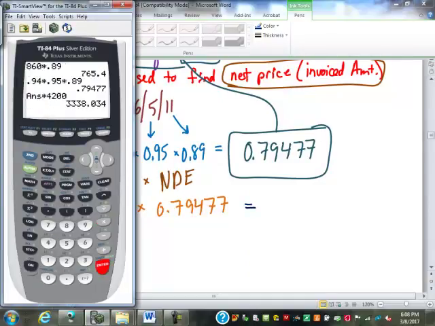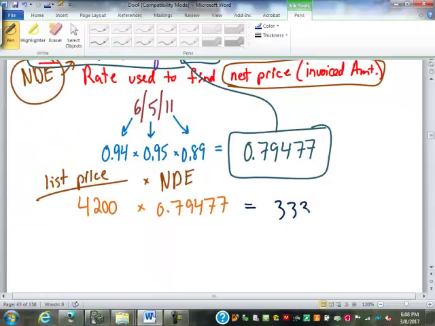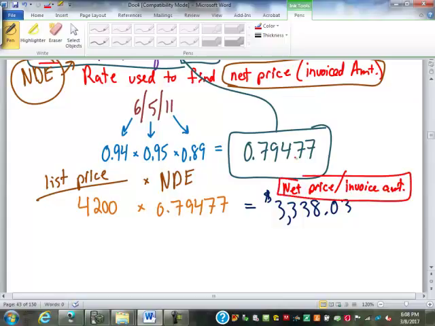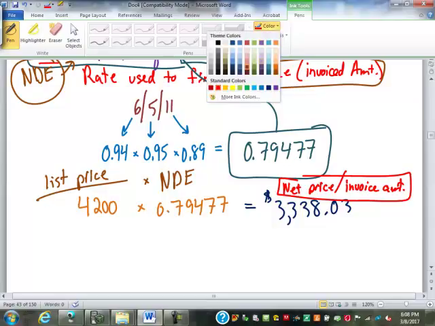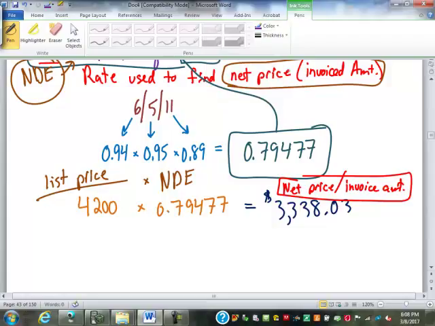Is 3,338.03, I should say. That there is the net price, or the invoice amount. Any questions? We're going to do several examples. It'll get better with repetition, hopefully.